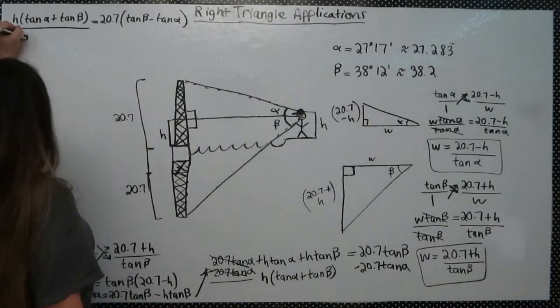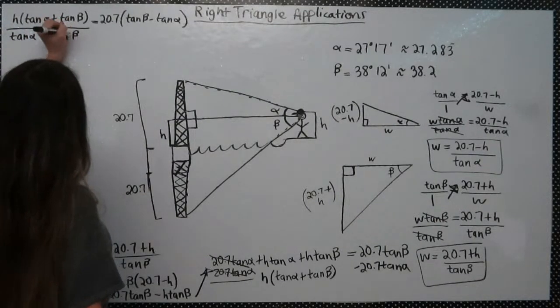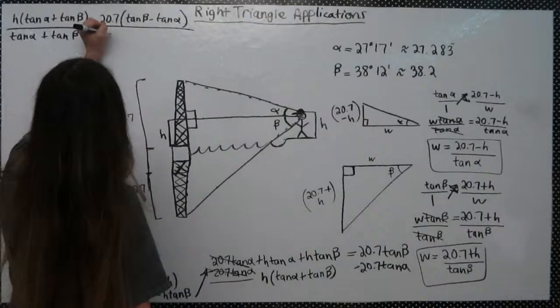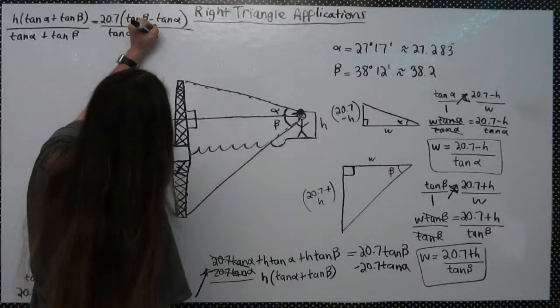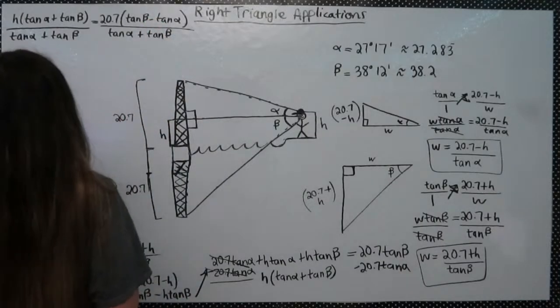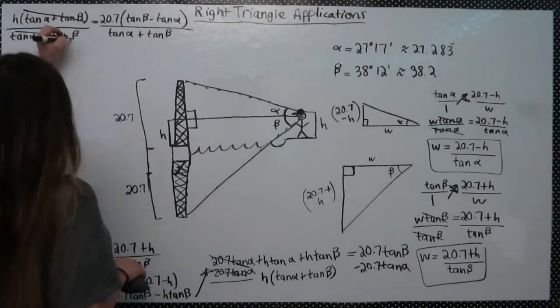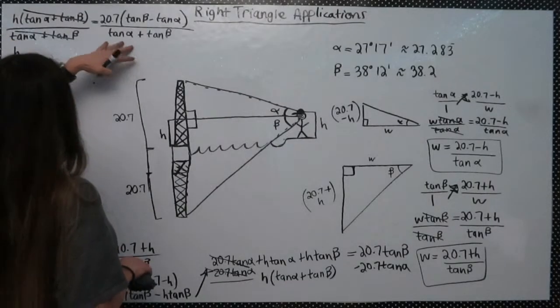So we've got tan alpha plus tan beta from both sides. Those will cancel, and I'm going to end up with h equals all of this.